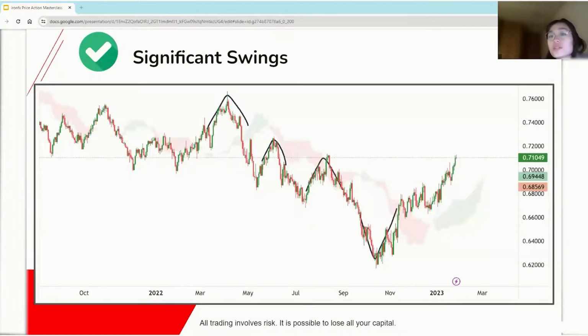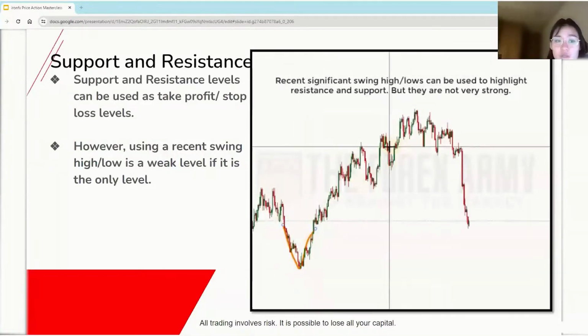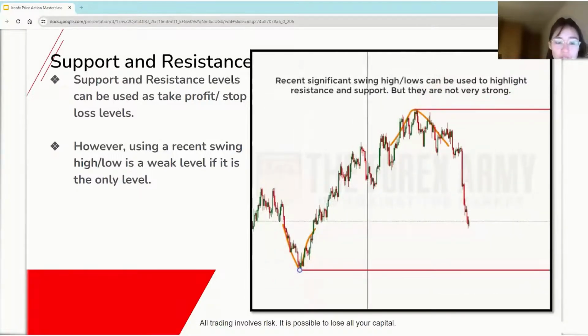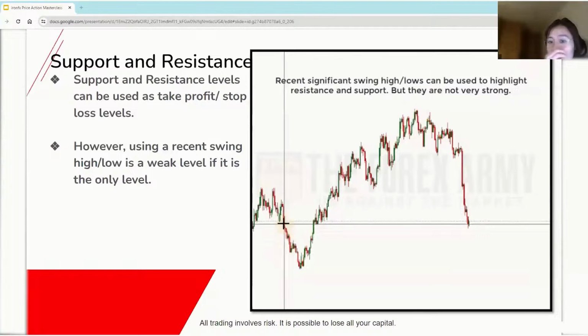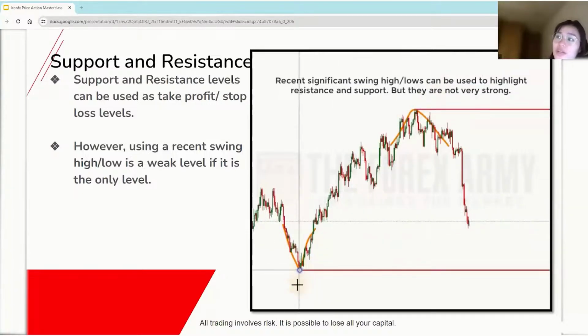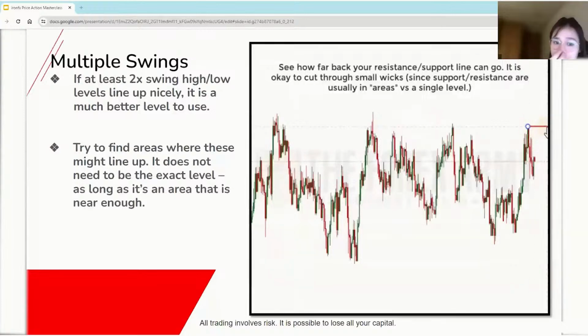So here's an example of significant swings. Very clear market movement here. And support and resistance. So these levels, as I mentioned earlier, are used as your take profit, stop loss levels, entry, exit, and so forth. But an important thing to note is to make sure that there are multiple swing highs and lows that line up together so that it strengthens your entry and exit levels.